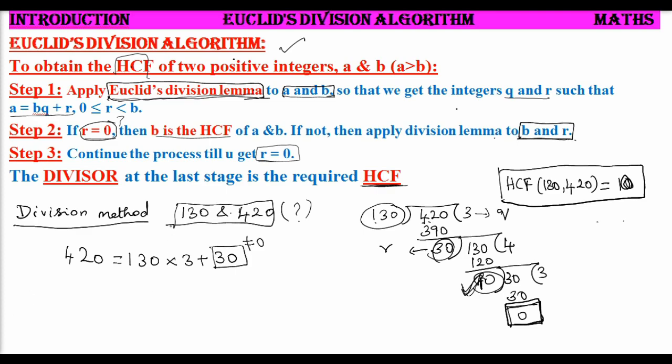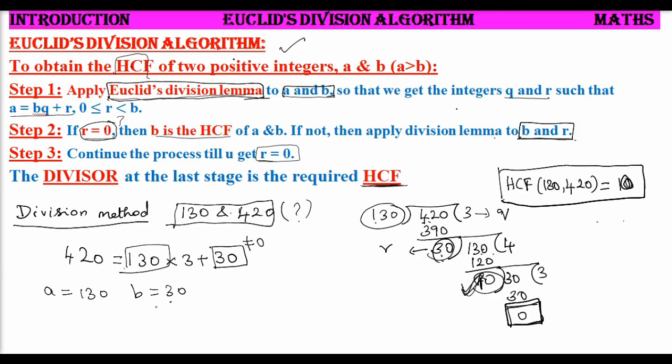B is here 130. So now let me take A equal to 130 and B equal to the remainder 30 and again apply Euclid's division lemma. That is what you do in your continuous division also. If the remainder is not 0, you will divide again the divisor by the remainder.